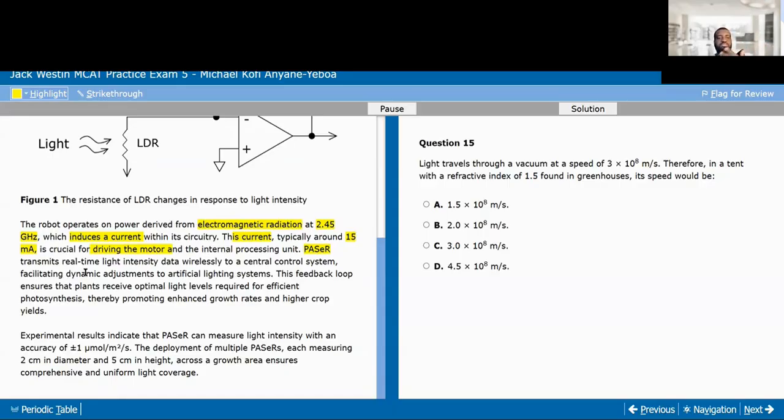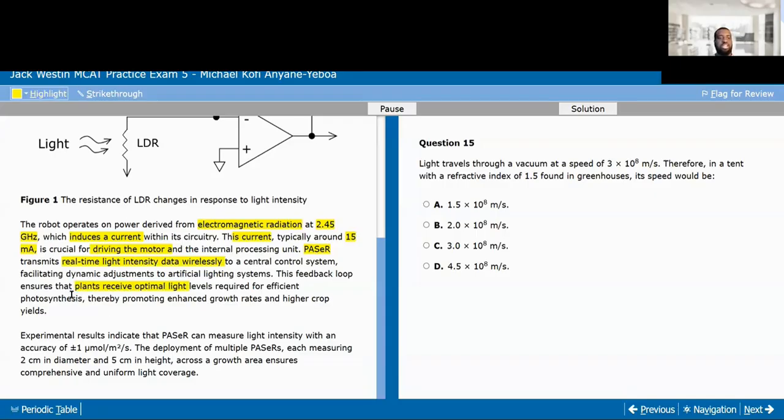Nothing of that sort is here, but let's just say PASER transmits real-time light intensity data wirelessly, just because maybe they ask a question about that, right? This feedback loop ensures that plants receive optimal light.